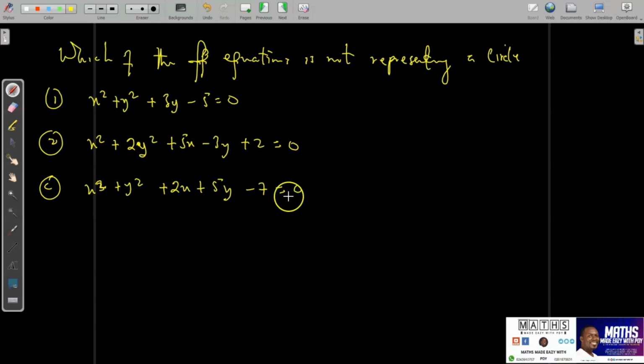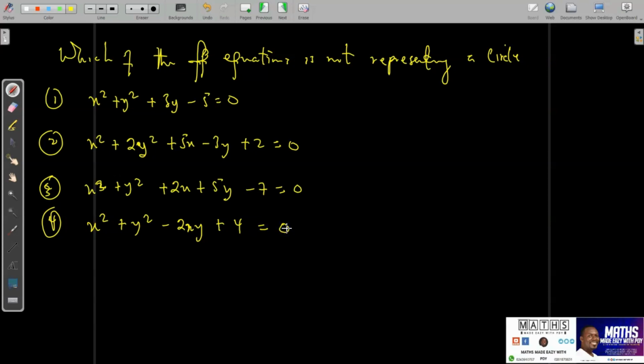Yes, that's what I have. Then the final one, that's number 3. Number 4, I have x squared plus y squared minus 2xy plus 4 equal to 0. Great.